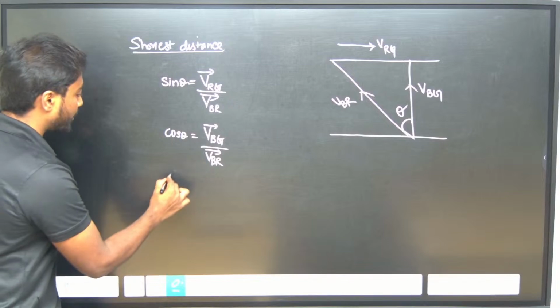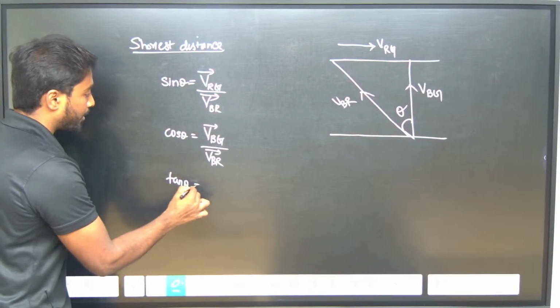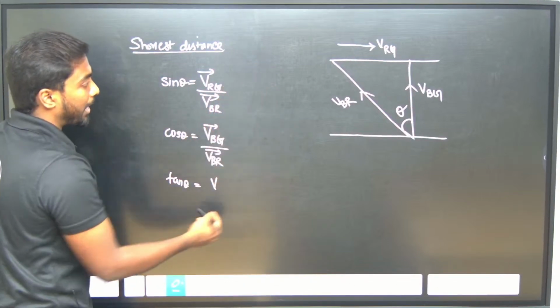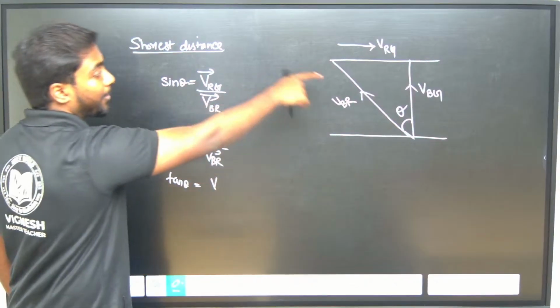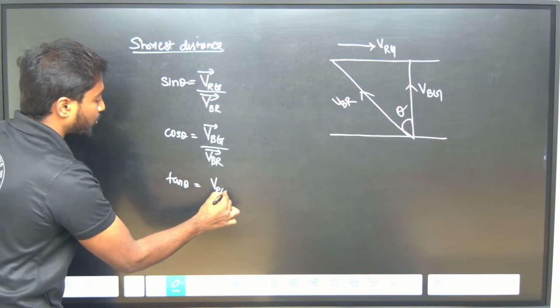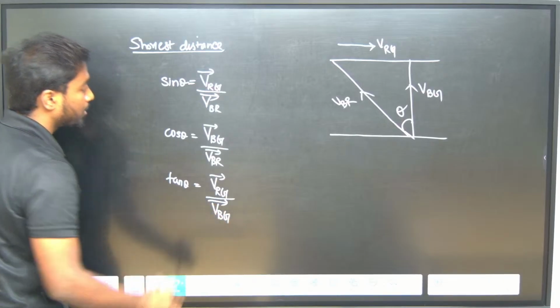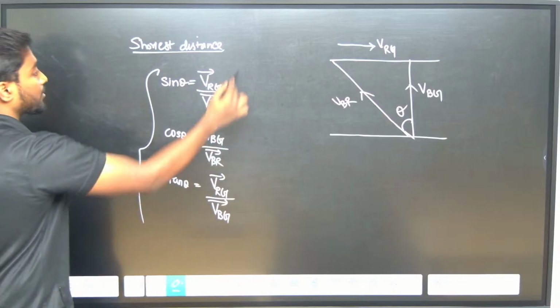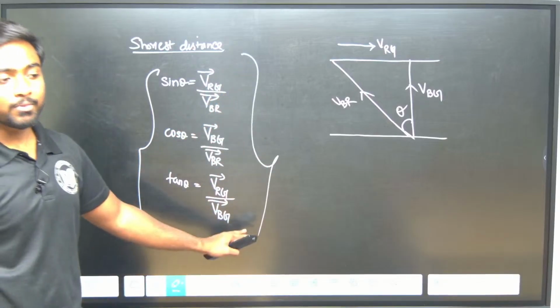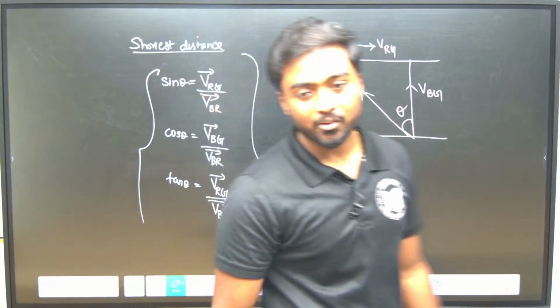Tan theta equals opposite by adjacent: velocity of the river with respect to ground divided by velocity of the boat with respect to ground. If you complete this one, the problems are completed.